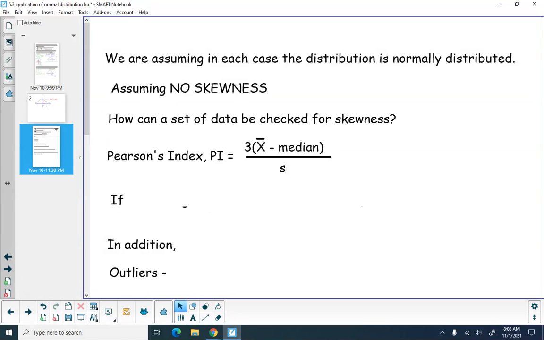The basis for Pearson's index is that when you're talking about normally distributed data, the mean, median, and mode should be equal to each other. If it's perfectly normally distributed, the mean, median, and mode will be equal to each other. Okay, if they're slightly off, we can still deal with it and say they're normally distributed, but if they are equal to each other, this value comes down to 0.